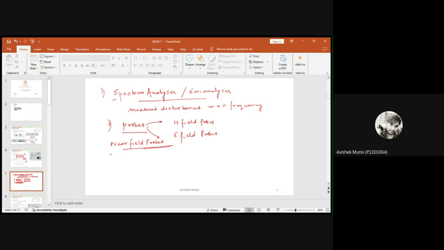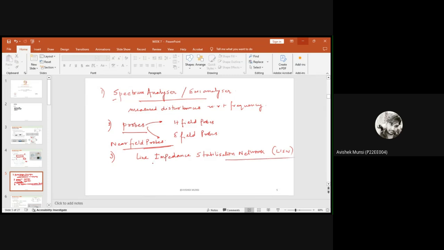Another thing you will learn about is the line impedance stabilization network, or in short, LISN. LISN is a kind of filter.